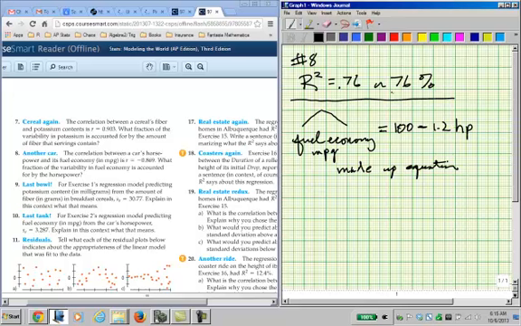R squared says that 76% of that change is explained by the change in horsepower. So 24% is explained by other variables as revealed in the residuals.